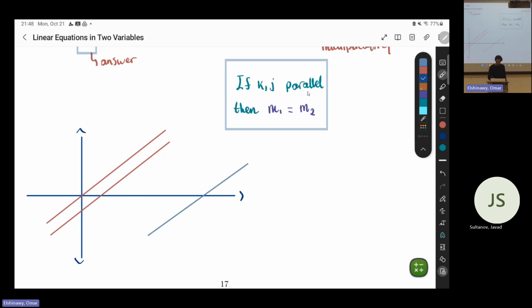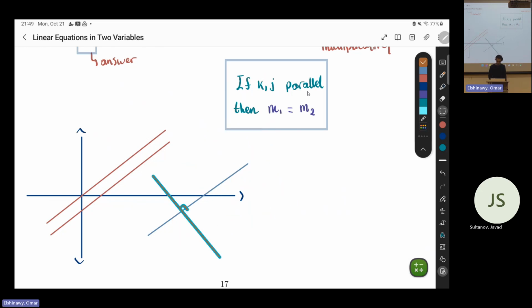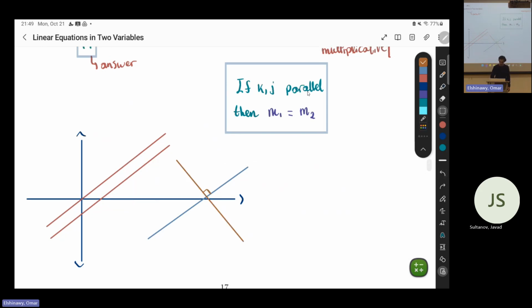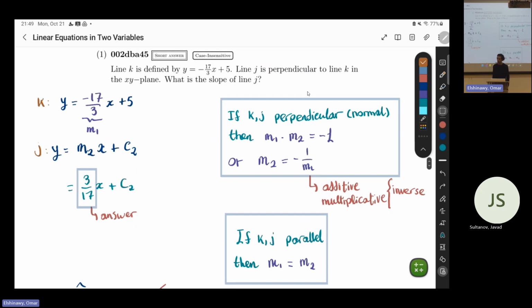And all I know is that there's a line which is perpendicular to it. Just believe that this will be perpendicular. I don't know what the y-intercept is. All of these lines are perpendicular to it. So we need additional points. If you would like to find the exact line, you would need an additional point. But for this problem, it is only asking us for the slope. So this is what it is.